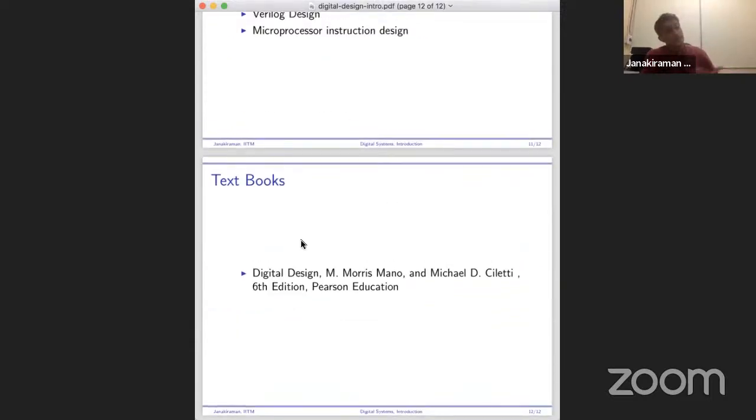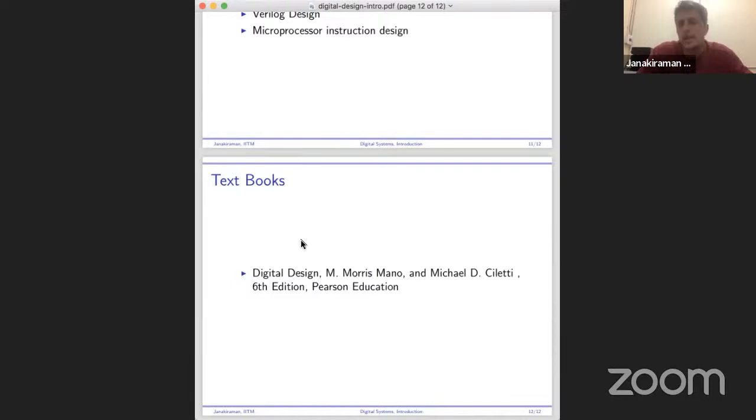Unlike the electronic systems and thinking course, where we didn't have a textbook because the course was designed for the first time for this program, this is a standard course, digital systems, and the book is called Digital Design by Maurice Mano, sixth edition, Pearson Education.